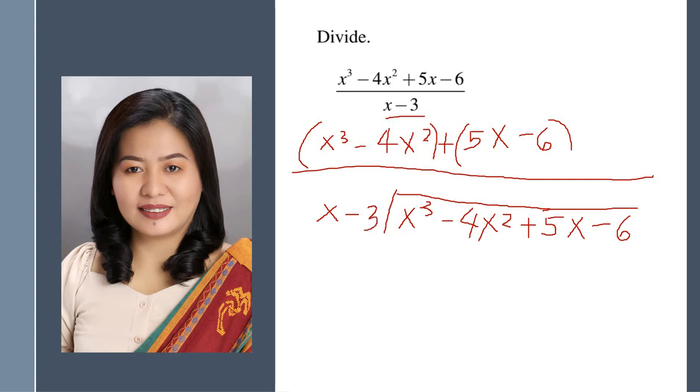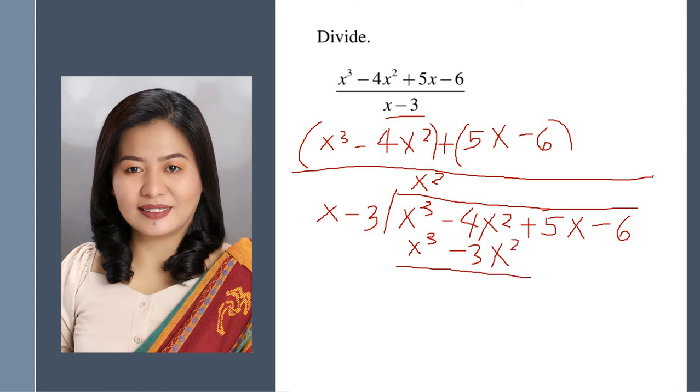So we divide x cubed by x. x cubed divided by x is x squared. X squared times x is x cubed. X squared times negative 3 is negative 3x squared.